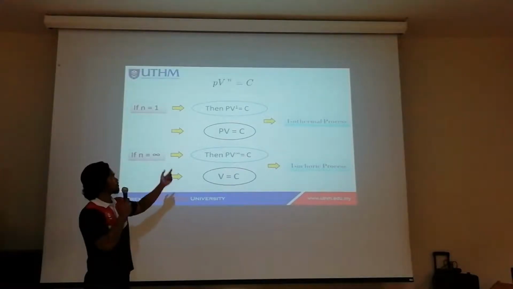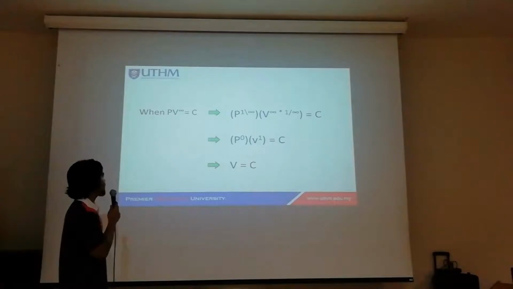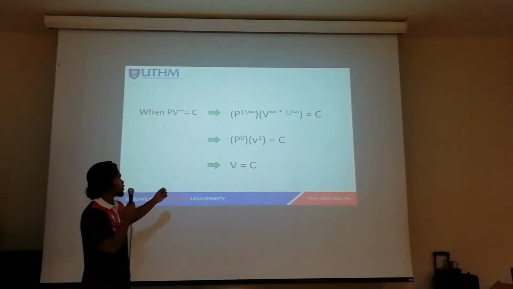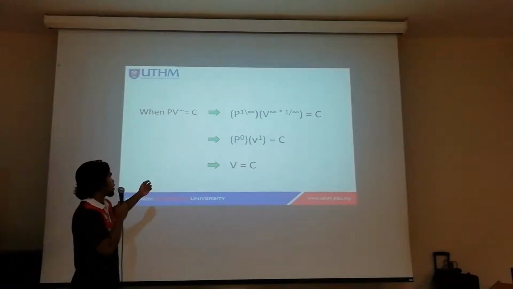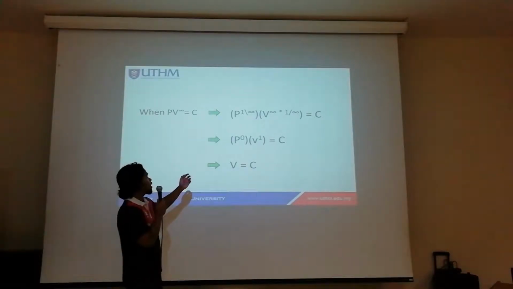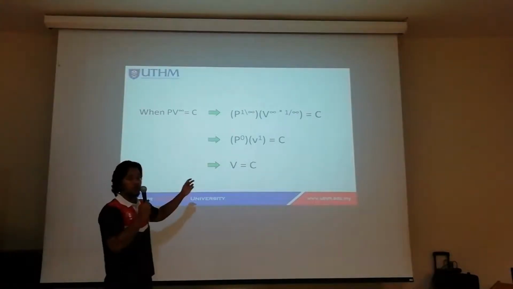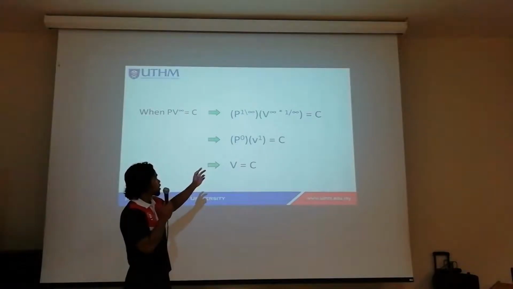And please don't forget this equation, very important. And here, how did I get V equal to C constant? When we have V to the power of infinity, we raise the whole equation to the power of 1 over infinity, because we want to cancel out the power of infinity.